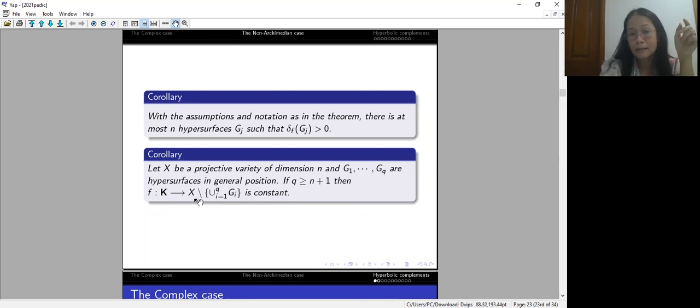And this space we call a Brody hyperbolic space. That means any holomorphic curve into it has to be constant. Then the question is when a variety is Brody hyperbolic.